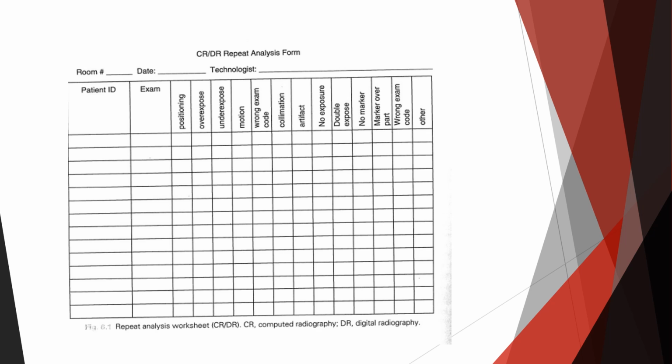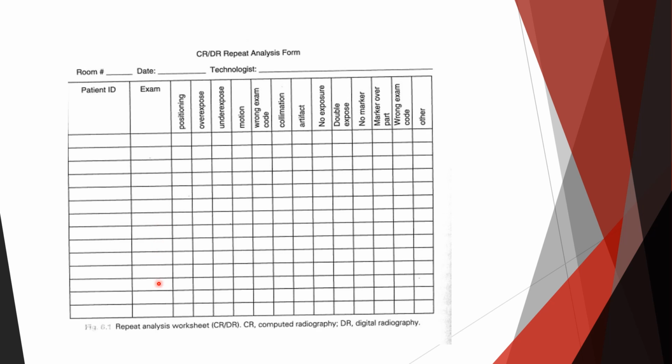This is what an example repeat analysis form may look like. You just put the patient ID, the minimum amount of patient information, just so it can be looked up later, the exam that you were doing, and why. The collimation, all these different things, right? And there could be many different reasons. Then take all this: chest X-ray, chest X-ray, chest X-ray, right?